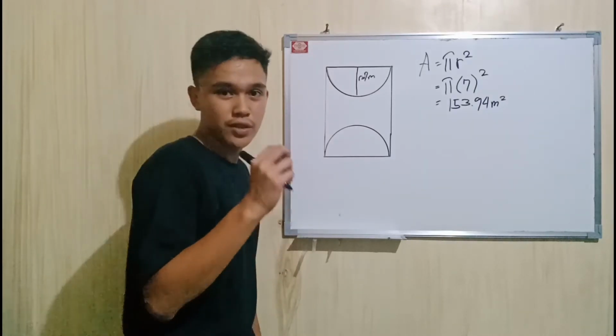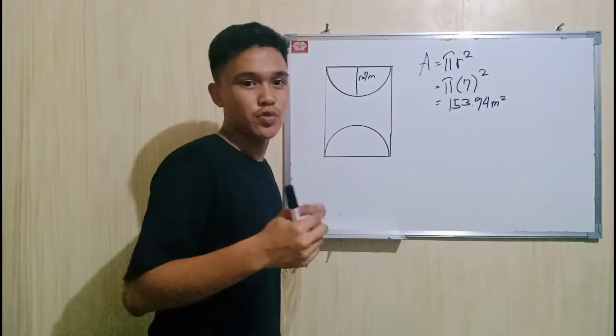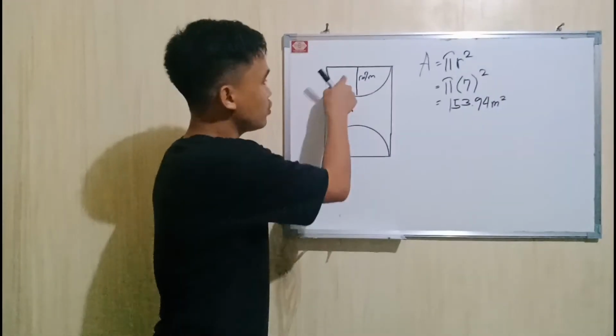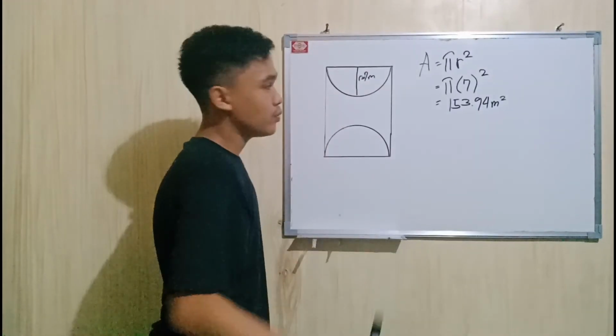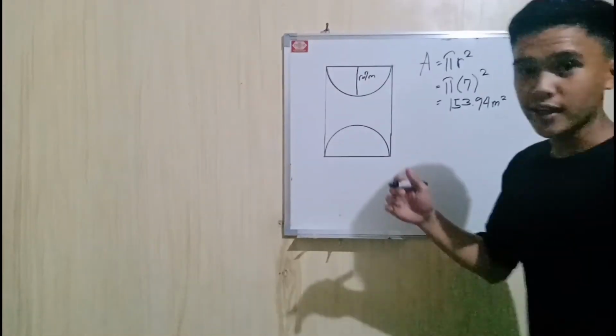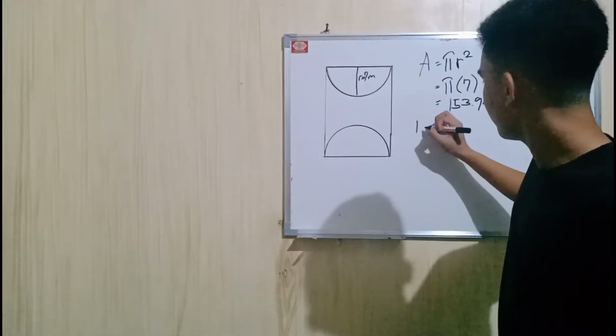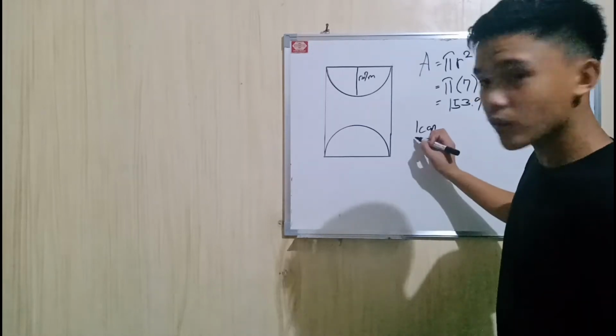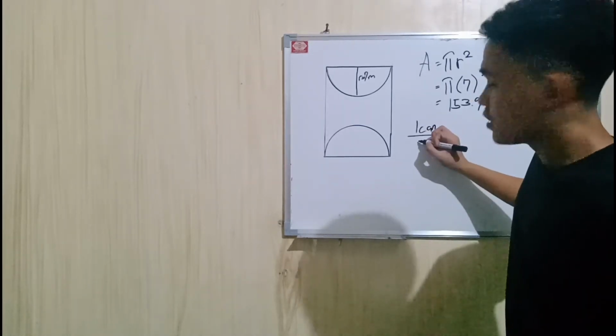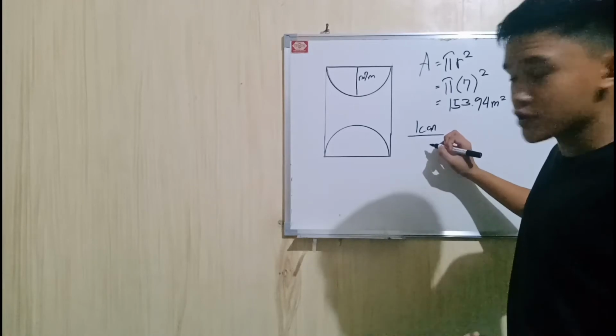Now the problem is to know how many cans will be needed to paint the 2 areas. It's stated that every 1 can is equal to 7 meters squared.